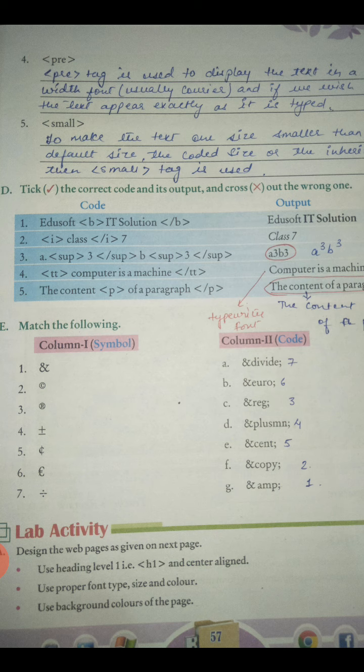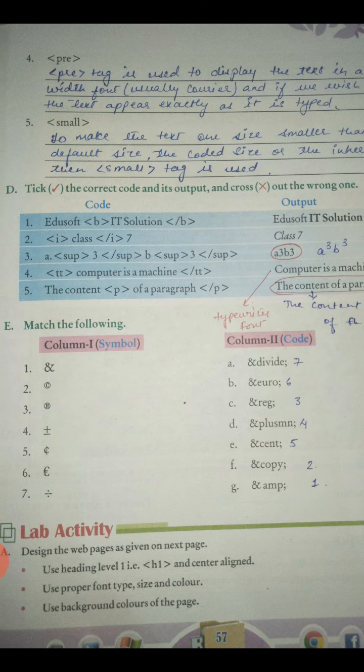So 3 should be above A. Then B is again outside of the tag, so B will be normal text, and they again have written 3 above the text. So the result will be A to the power 3, B to the power 3. But they have given the output as A3, B3. The output should be A to the power 3 and B to the power 3.